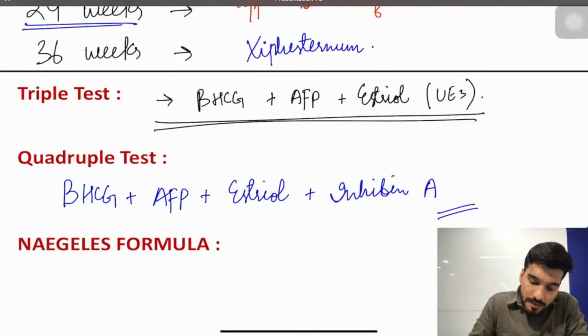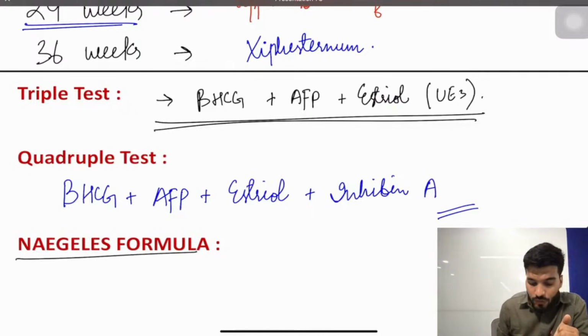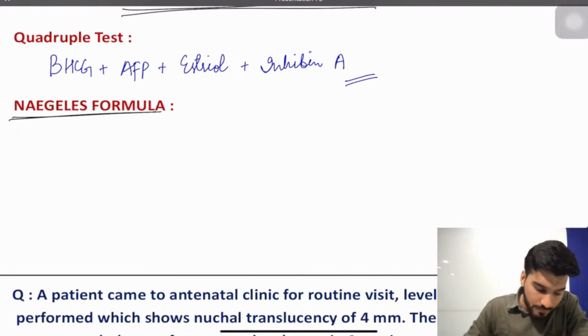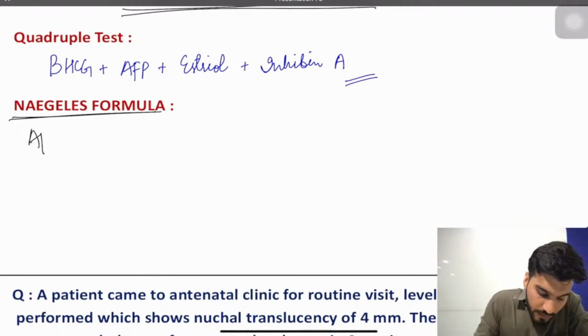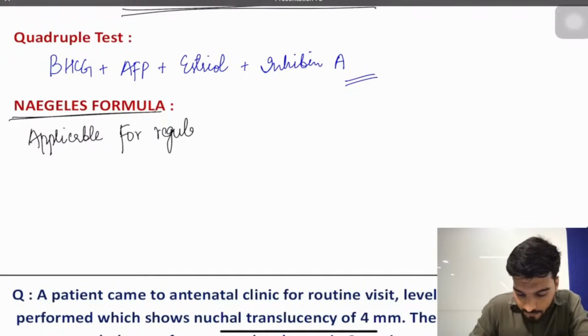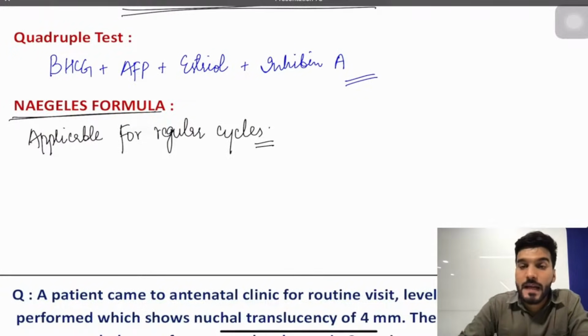Okay, now sometimes we need to calculate the estimated date of delivery. The formula that we use for that is called Naegeli's formula. This Naegeli's formula is applicable for regular cycles. When I talk about regular cycles, that means the normal length of a cycle, which is 28 days, plus minus.